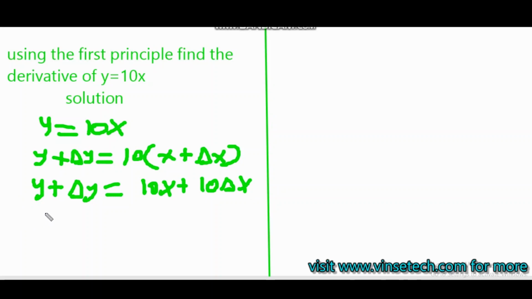So the next step now, we move y to the right hand side. Moving y to the right hand side, we now have change in y is equal to 10x plus 10 change in x.